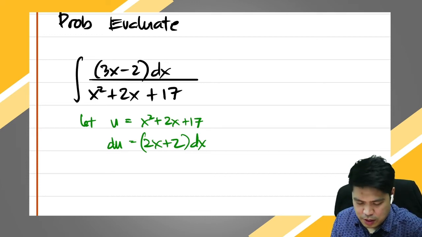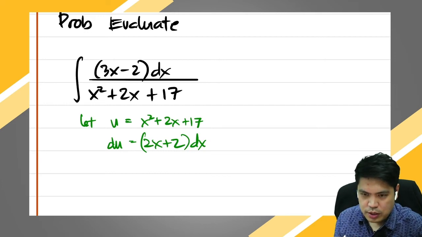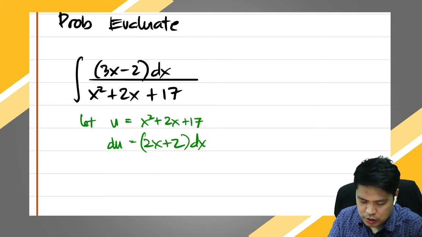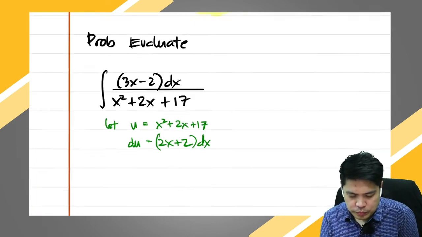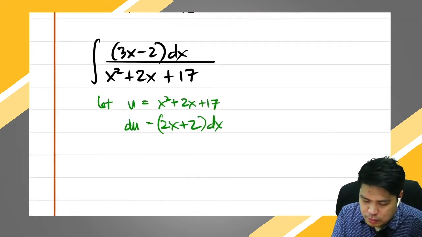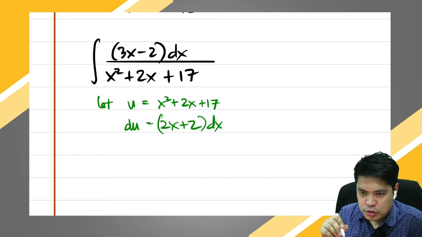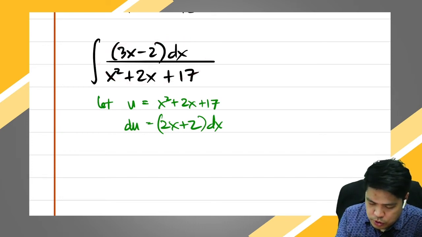So, iba siya, no? So, the best thing we could do here is i-fit natin yung denominator sa numerator. So, ito yung gagamitin natin. How about, we'll make this in the form du over u. Dun yung first approach natin.